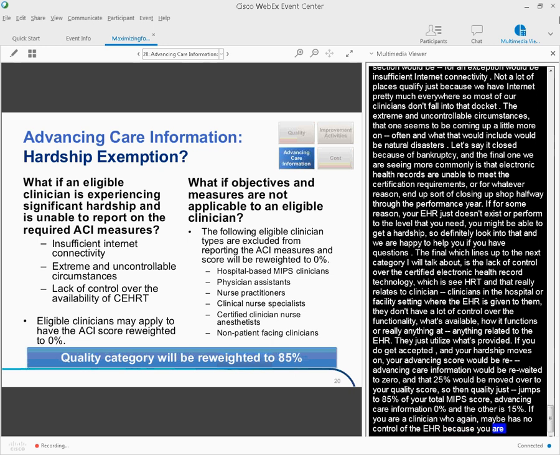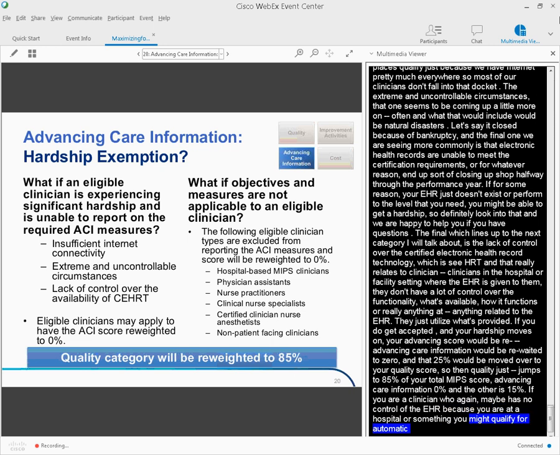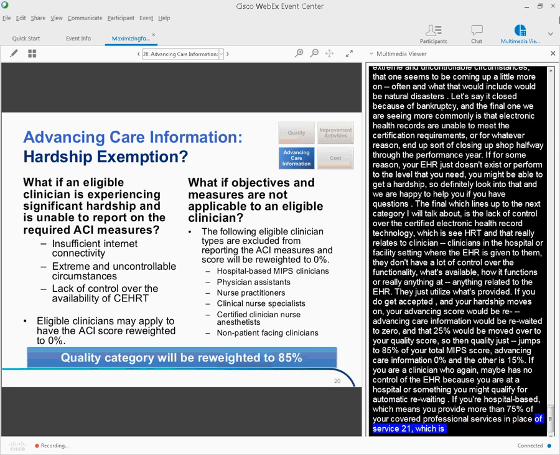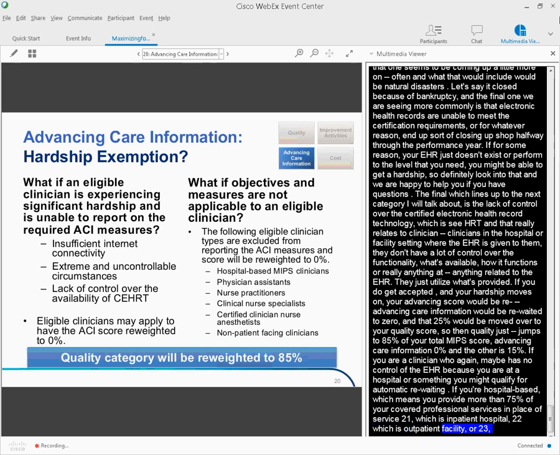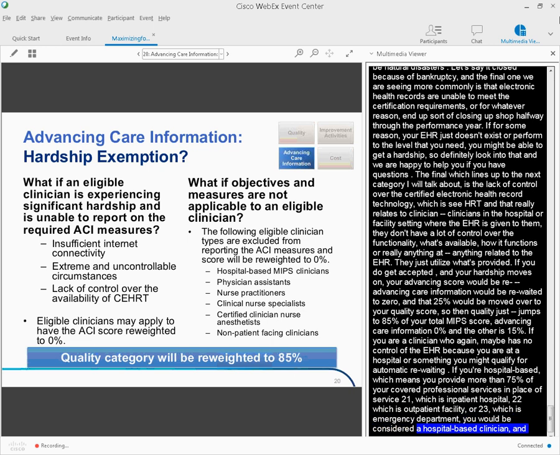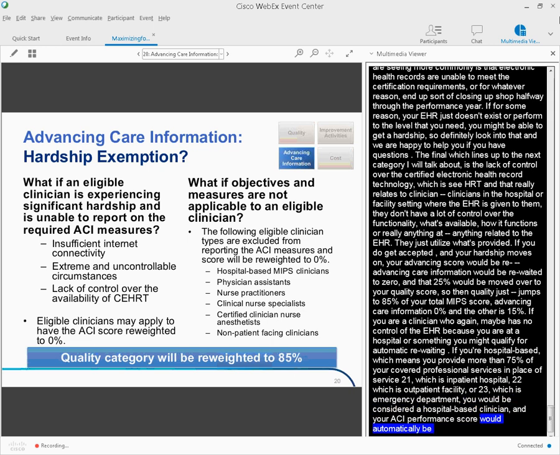So if you're a hospital-based clinician, which means that you provide more than 75% of your covered professional services in place of service 21, which is inpatient hospital, 22, which is outpatient facility, or 23, which is emergency department, you would be considered a hospital-based clinician, and your ACI performance category score would automatically be reweighted to 0. The same goes for physician's assistants, nurse practitioners, clinical nurse specialists, and certified nurse anesthetists.